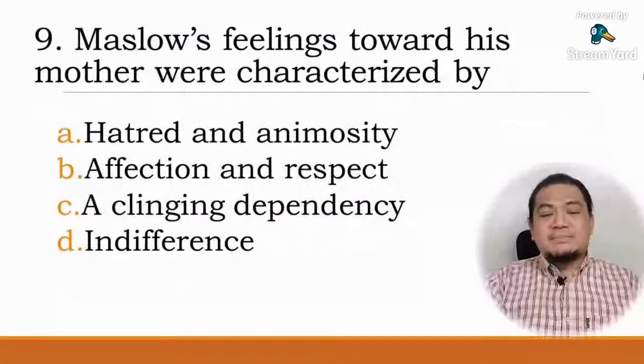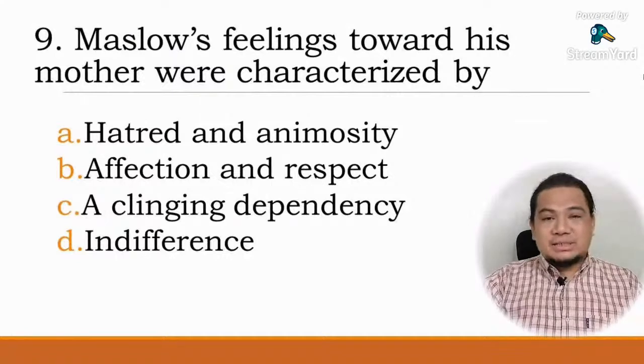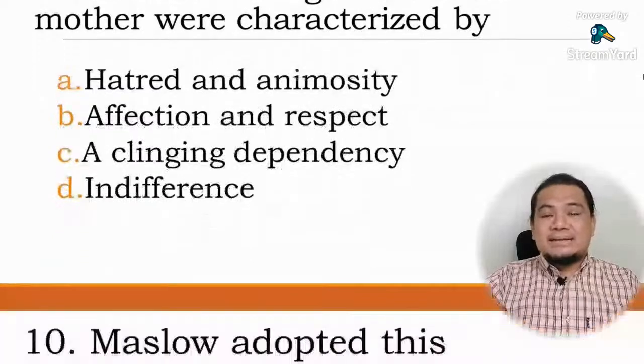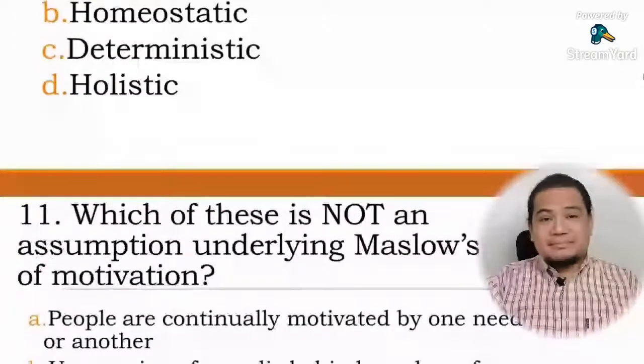Maslow's feelings toward his mother were characterized by A, hatred and animosity, B, affection and respect, C, a clinging dependency, or D, indifference. Number 10. Maslow adopted this approach to motivation: A, dualistic, B, homeostatic, C, deterministic, or D, holistic.